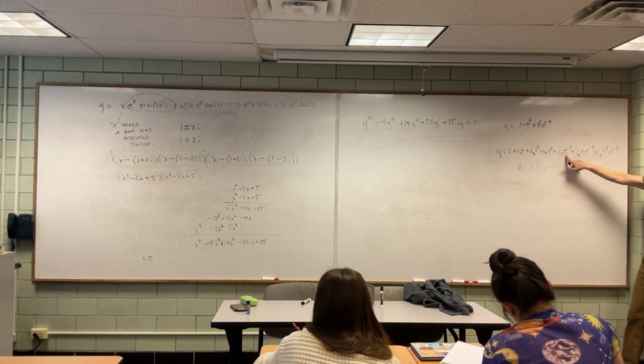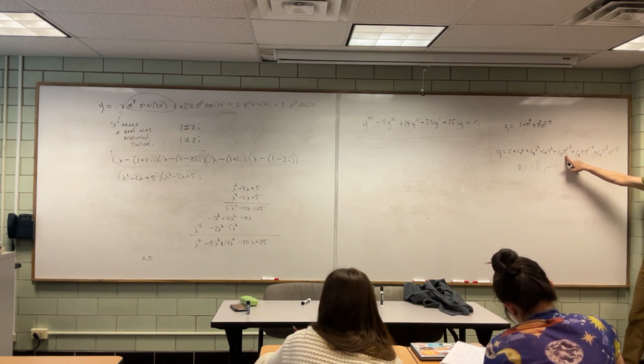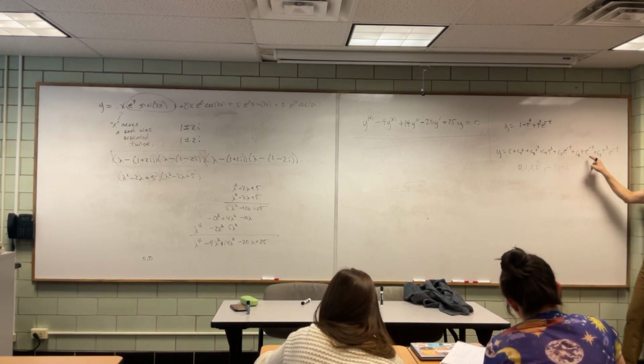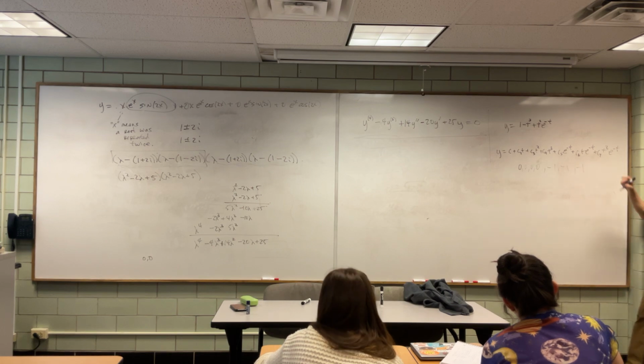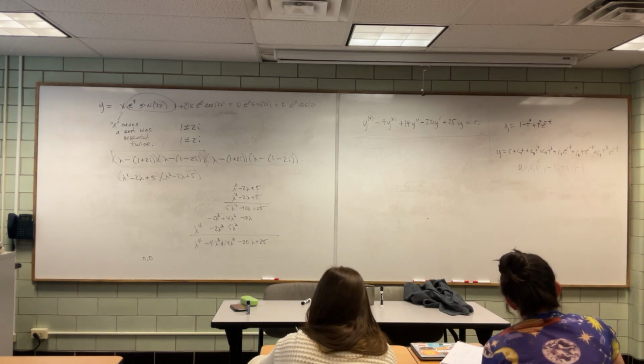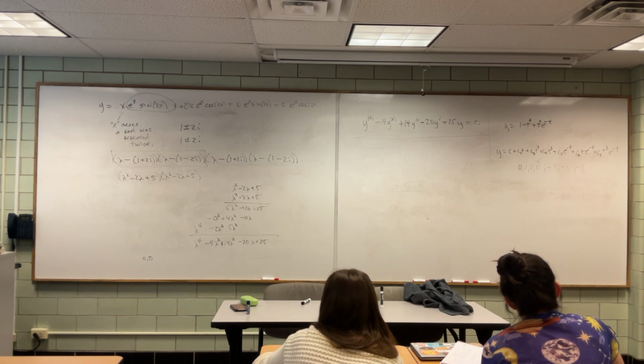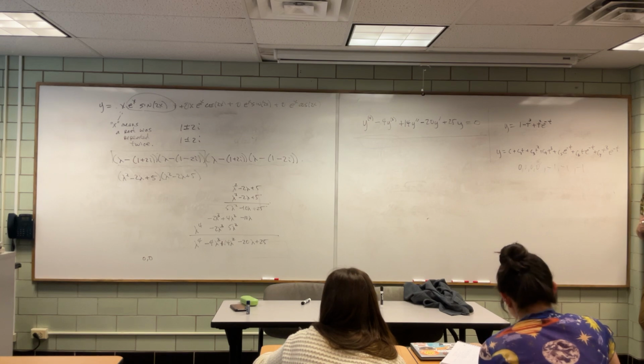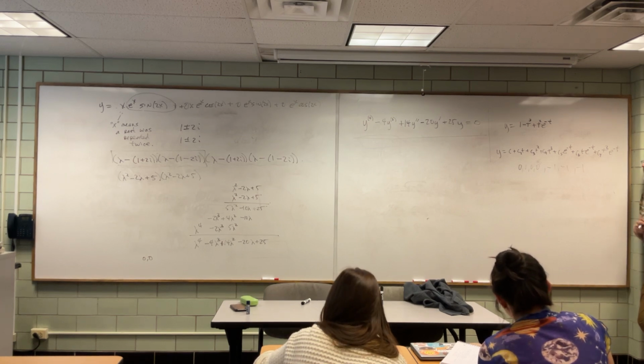The first -1 just gets me regular e to the negative t. The second repetition gets me a t in front, and the third one gets me the t squared. So what order differential equation would this be? 7th order, yeah, exactly. It'd be a 7th order DE. Don't worry, we're not going there.